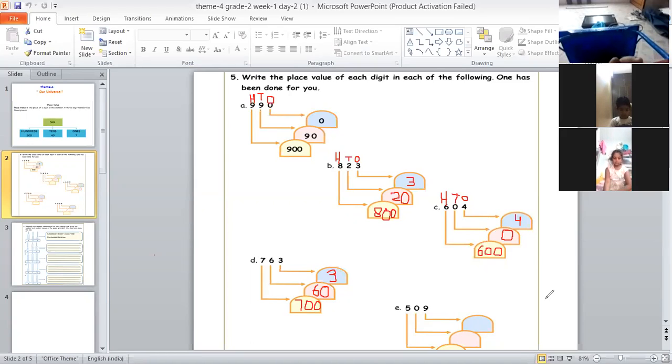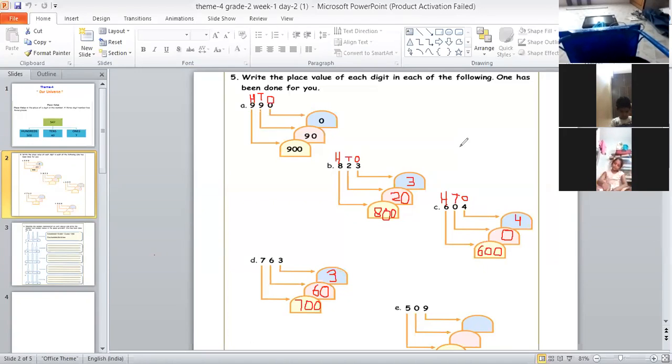What is that number? 509. Read it all together. 509 means 509. Okay, now it's correct. So what will we write in the first box from bottom to top?